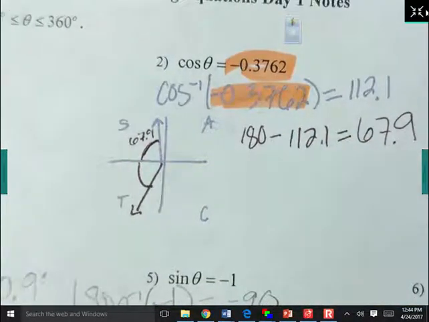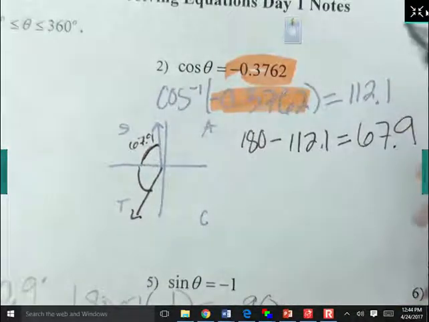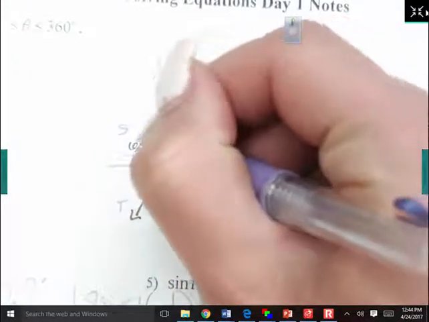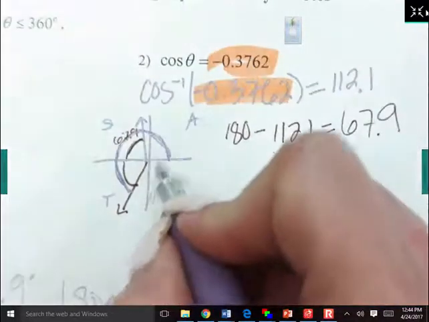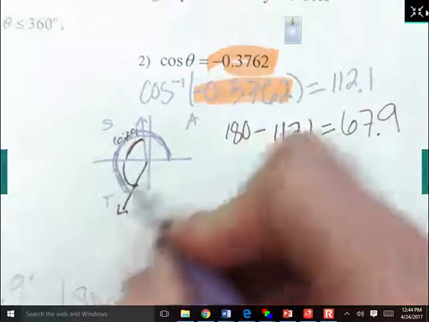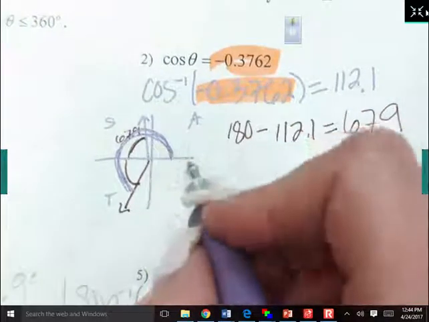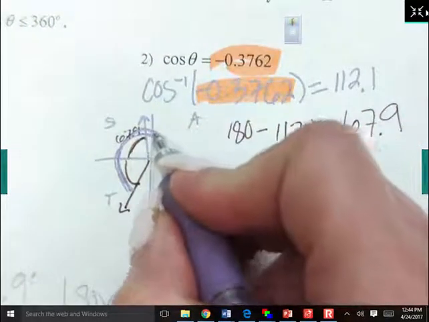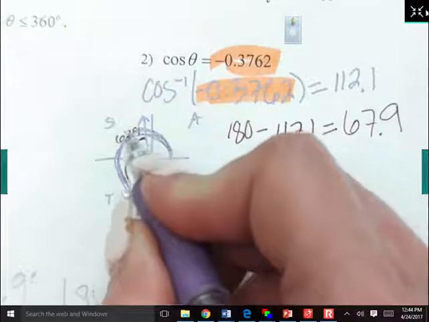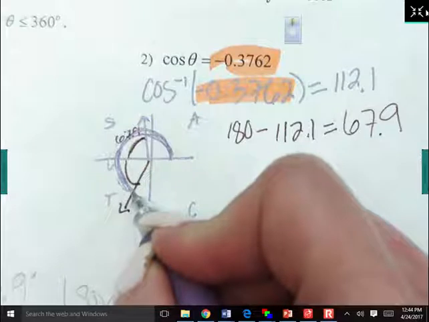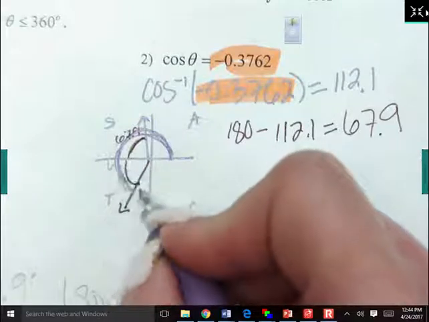So what is the measure, and I'll do it in purple, of this angle? Alexia, could you tell me that? Can you see it from here? All right, you ready? Here we go. We're going to start. How many degrees is it here? And then, how many more do we go?